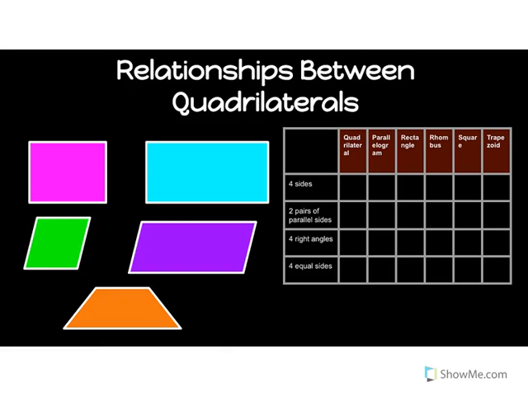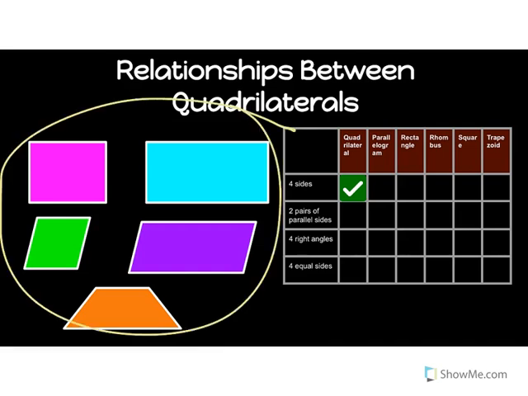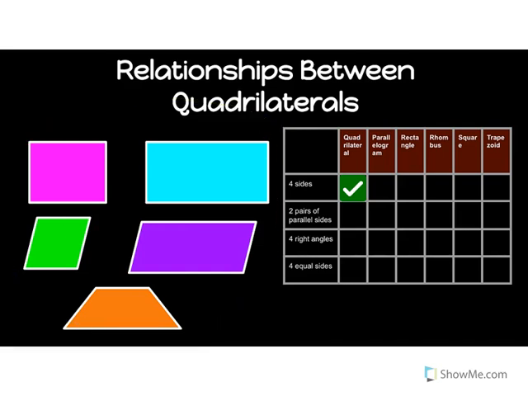All right, now we're going to talk about the relationships. So if we start with a quadrilateral, it just has to have four sides. So all of these shapes fit the definition of quadrilateral. Parallelogram. So a parallelogram has 4 sides, 2 pairs of parallel sides.